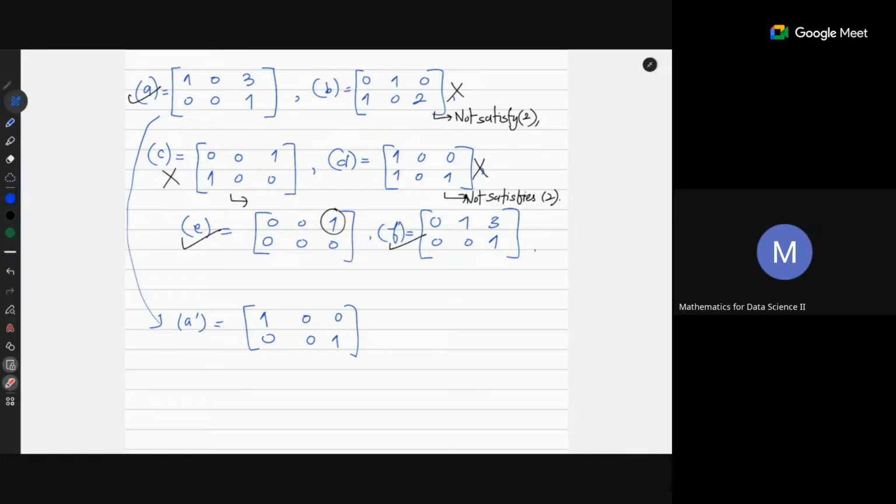Similarly, F is also not in reduced row echelon form. Again, the second row's leading entry is in the third column. If you can make this 3 go away, which we can by row operations, then it will become reduced row echelon form. Okay, let me write it down.